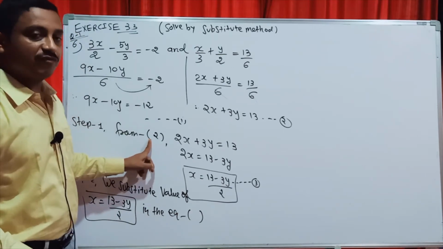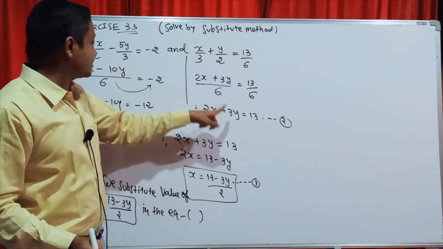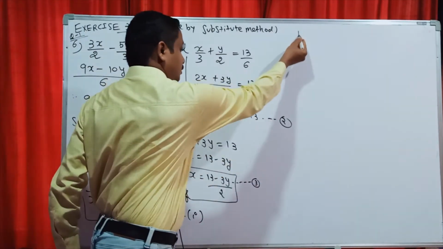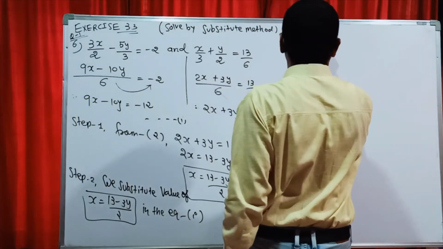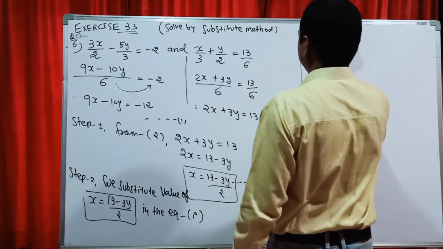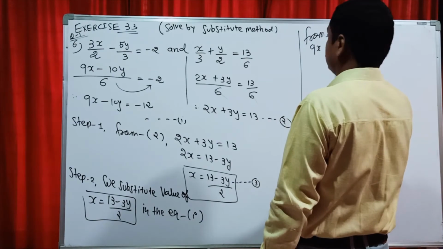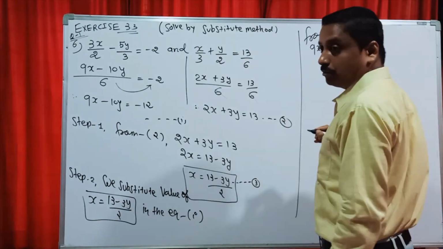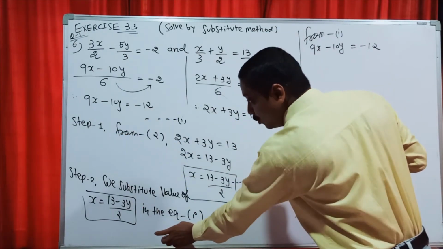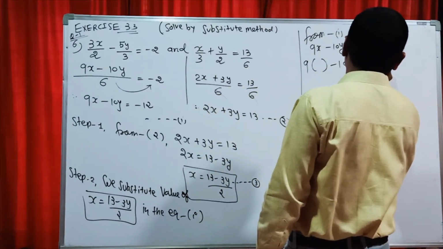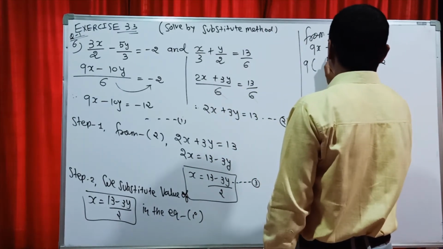Yes, we started here from the second equation, so I apply it in the first equation. What is the first equation? 9x minus 10y is equal to minus 12, this one, and this value for x I successfully apply here, and you get a little equation.